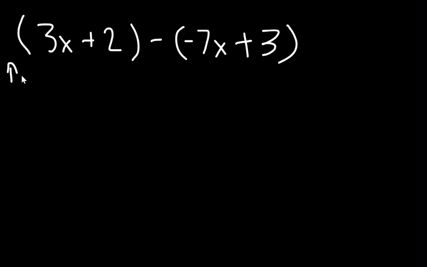Let's do some variations. Alright, so there's no sign here, right? So we can assume that that's positive. So positive 1. 1 times 3x is 3x. 1 times 2 is 2. And here's negative.